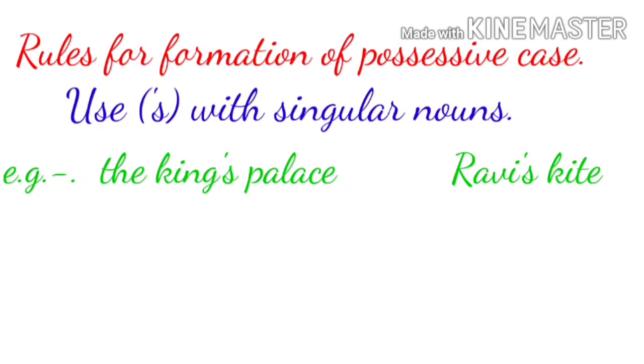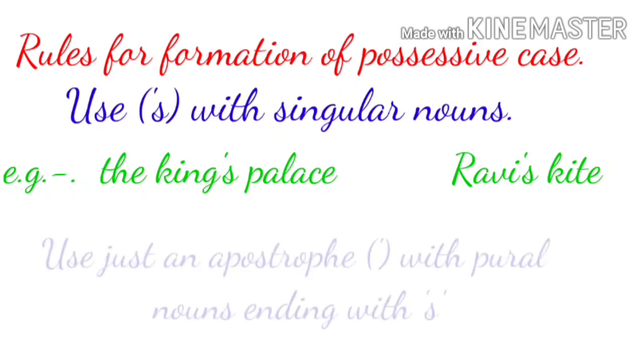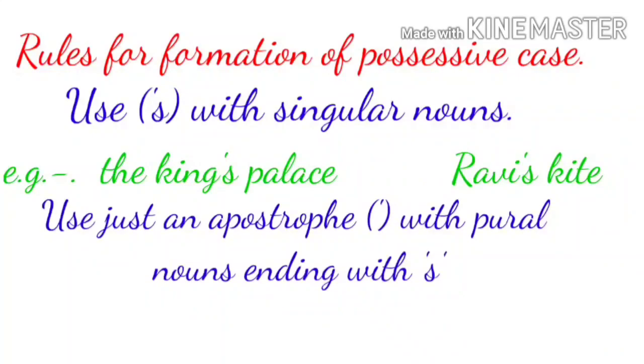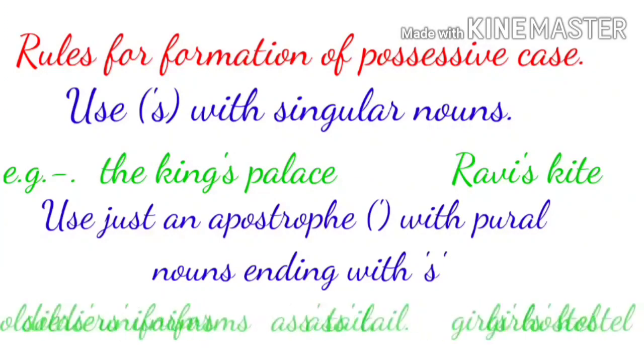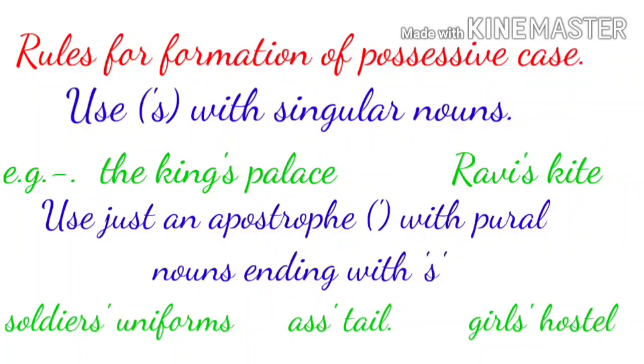Likewise, Ravi's kite. Now we use just an apostrophe with plural nouns ending with s. That means we only put an apostrophe along with plural words ending with s, like soldiers' uniforms, girls' hostel.